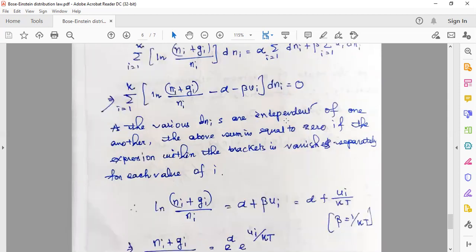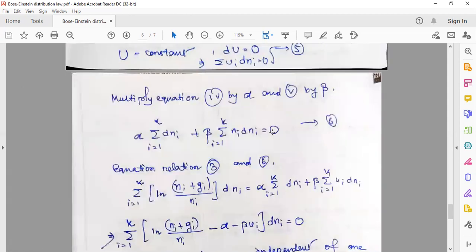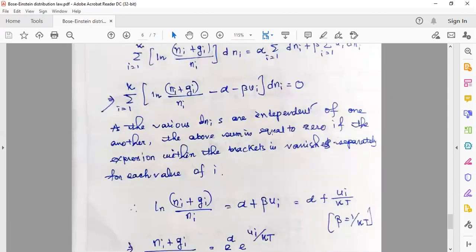Okay. So now, as the various dni are independent of one another, the above sum is equal to 0 if the expression within the bracket vanishes separately for each value of I. Okay. So various dni are independent of one another.